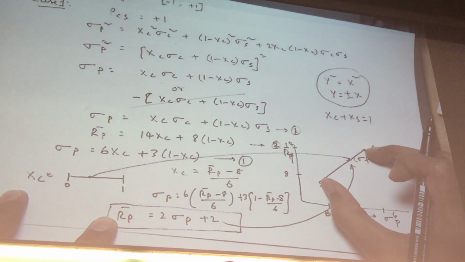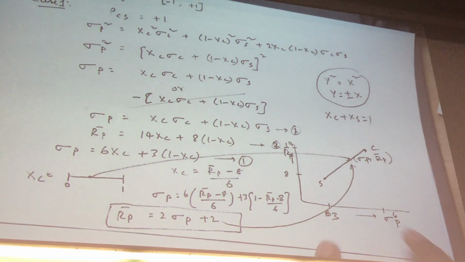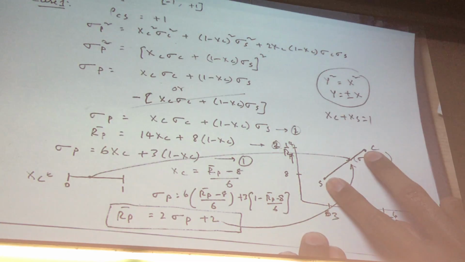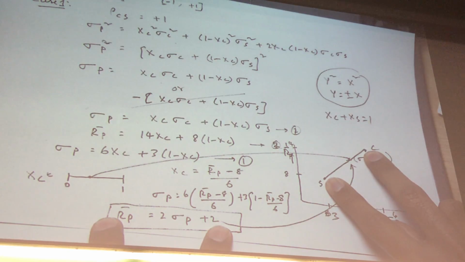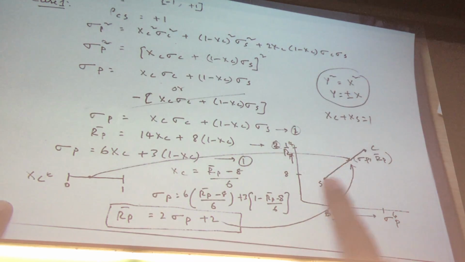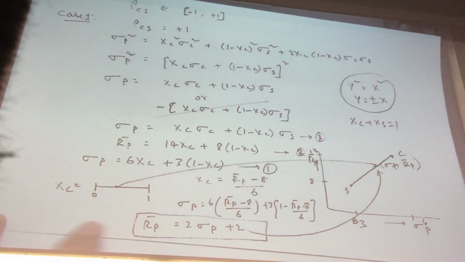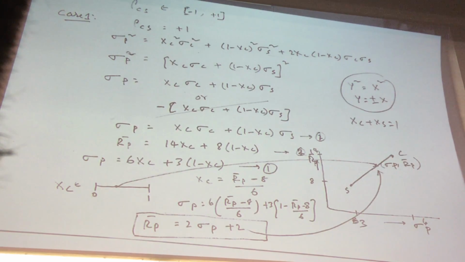The straight line, that's what I actually mean. That's a good question. I hope you understand this. This line is representing this one, because ultimately, whatever the combination may be, all those things are basically falling on the straight line. And obviously, this is the straight line.